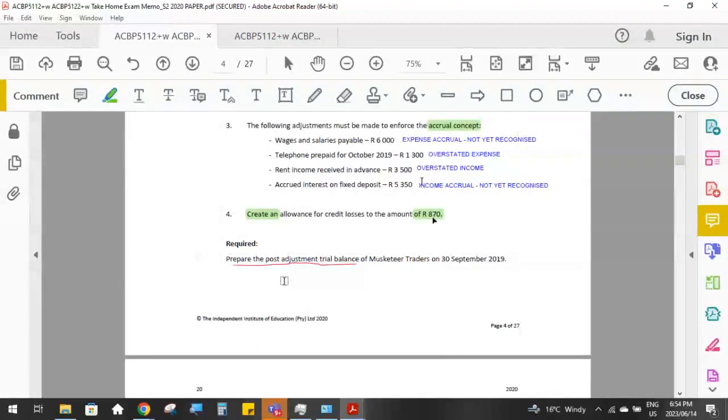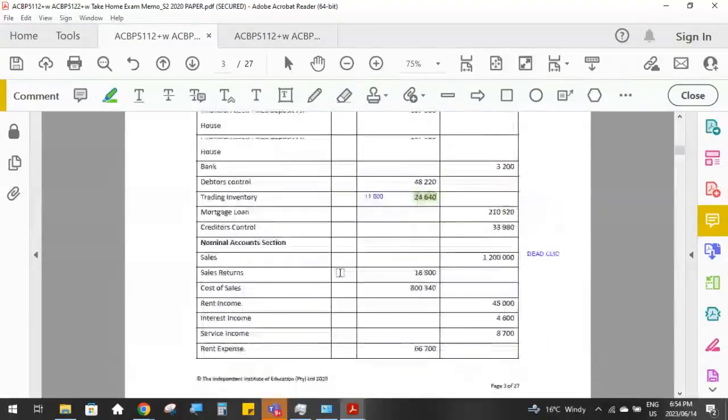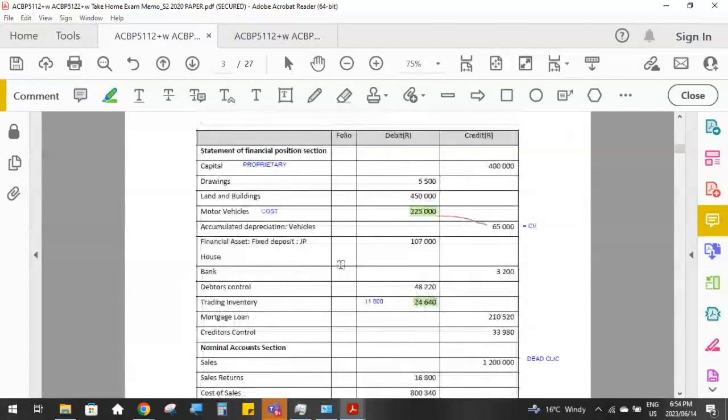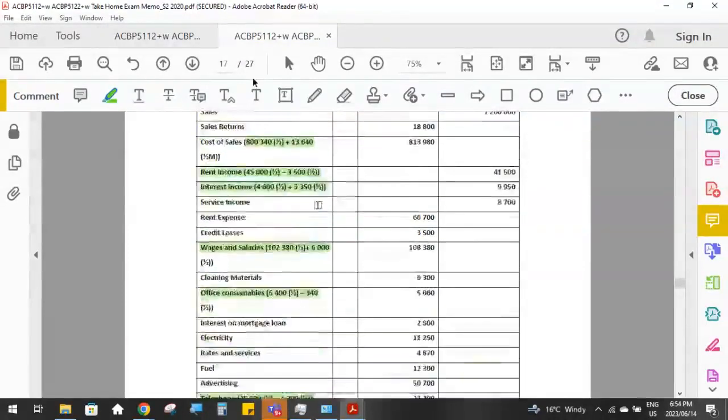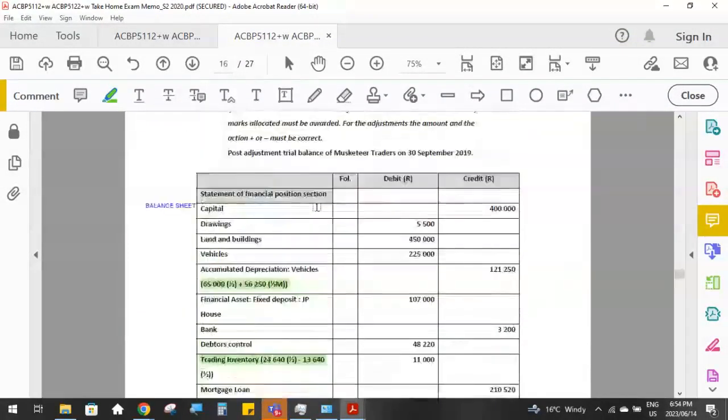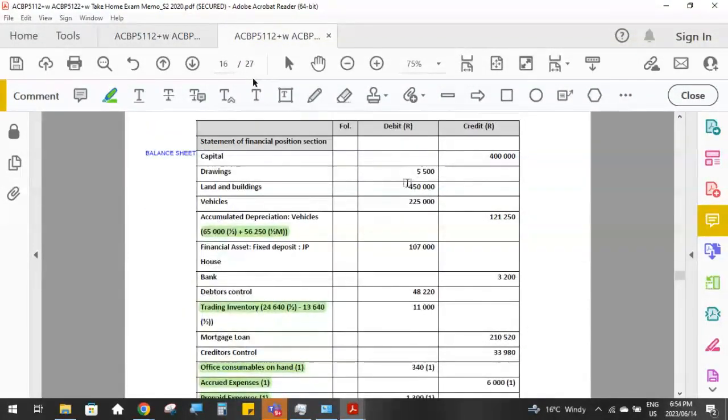So that is all of the changes that we had to make, and any of these other line items, like capital and drawings and land and buildings, we go back to the beginning. We just listed them exactly as they were. Vehicles as well, there was no change to that balance.